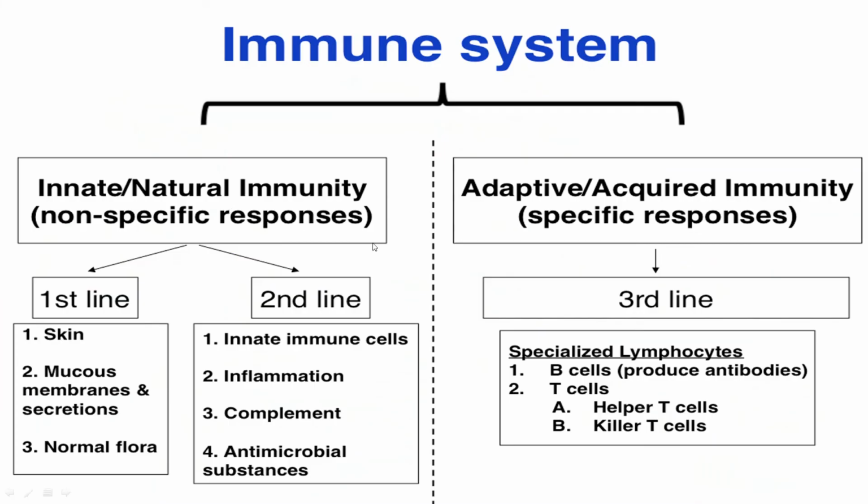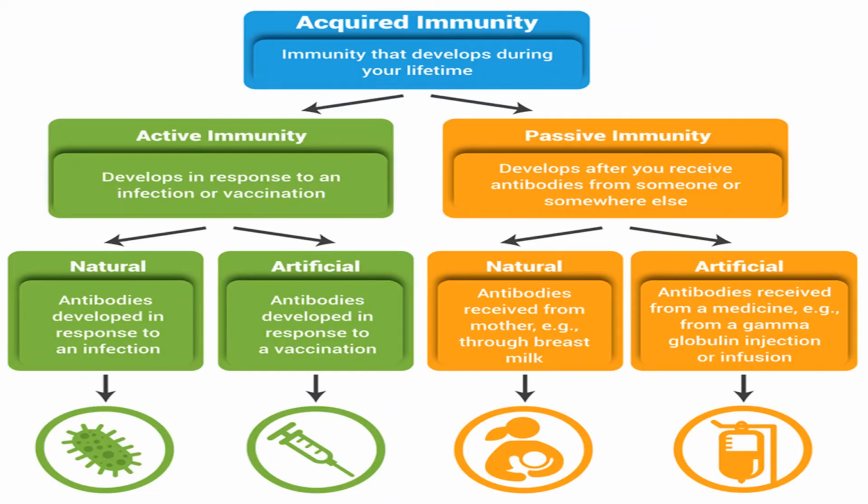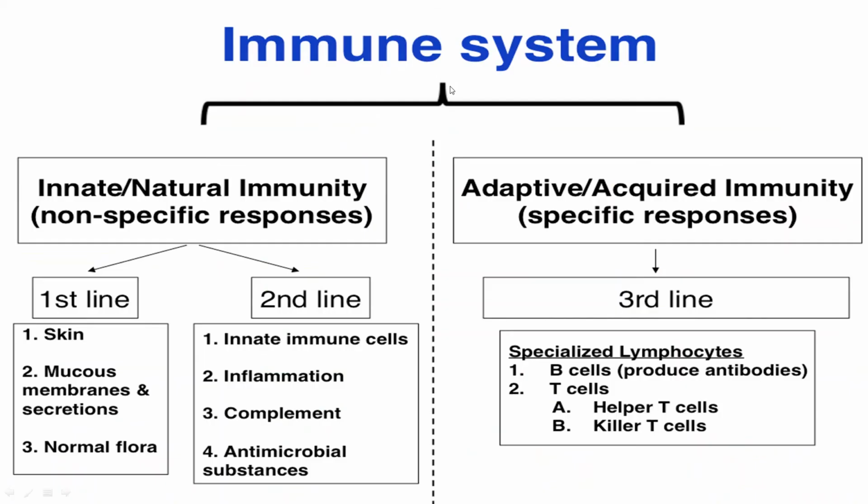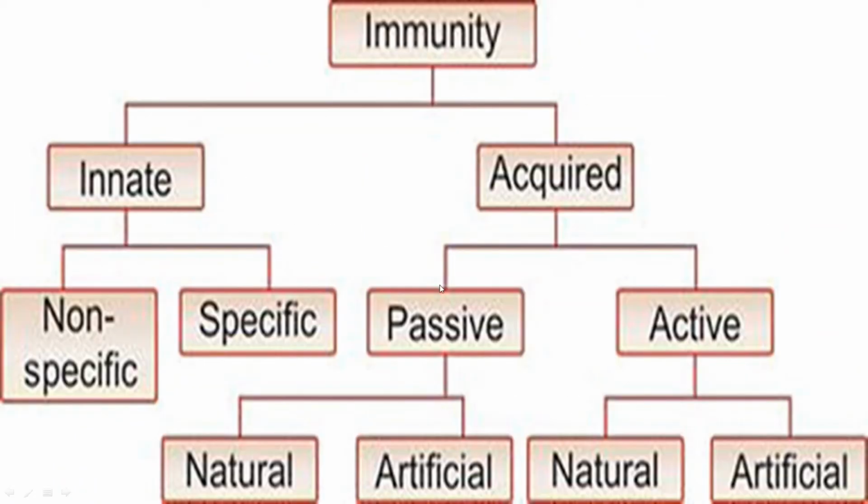T cells can be of two types, helper T cells and killer T cells. Clear? Okay. Next, acquired immunity. What is acquired immunity? Immunity that develops during lifetime. I have said this is the acquired immunity. It can be divided into active and passive, and both can be further divided into natural and artificial.